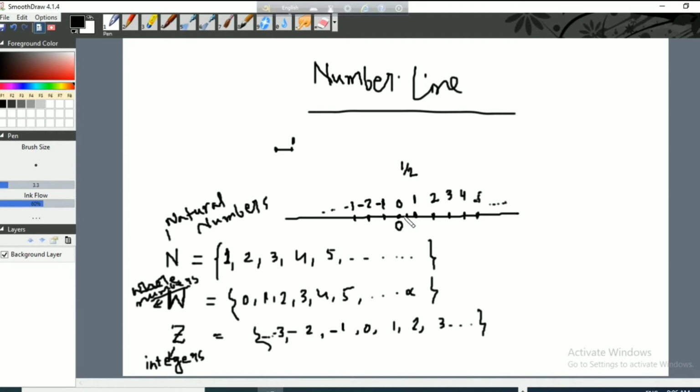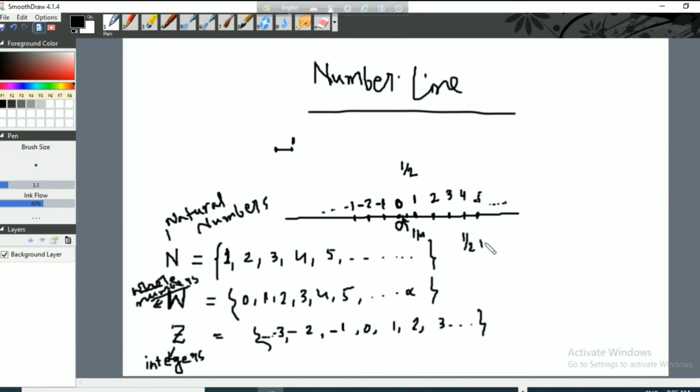And then the number in the middle between 0 and half will be 1/4. So you have already guessed that there are infinite fractional numbers between any two whole numbers, any two integers, or any numbers.